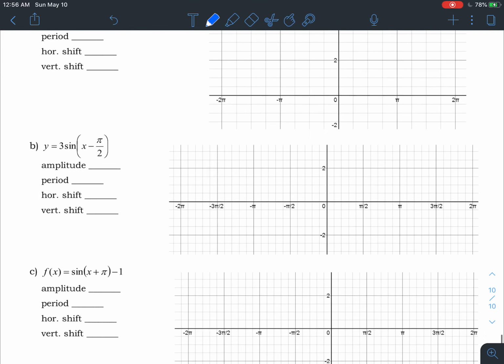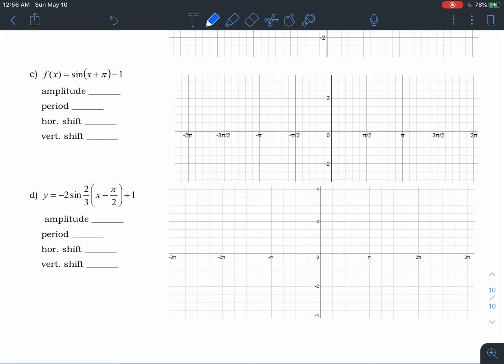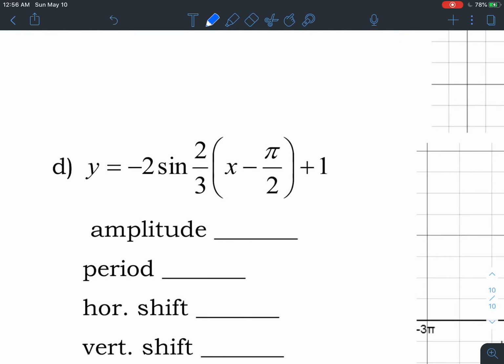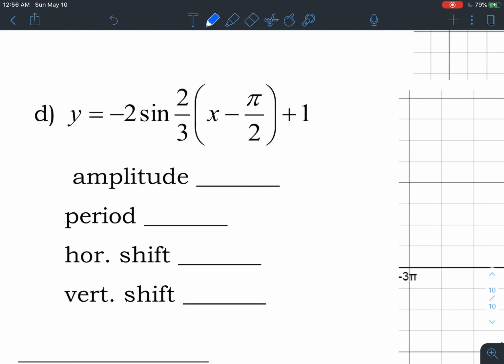And really, looking at those problems, D is the only one that's complicated. I mean, that right there is literally as complicated as it gets. It's got a reflection, it's got an amplitude change, it's got a B value that's going to change your period, it's got a phase shift, and it's got a displacement. So that right there, ugly, ugly problem. Take your time on that, label everything.